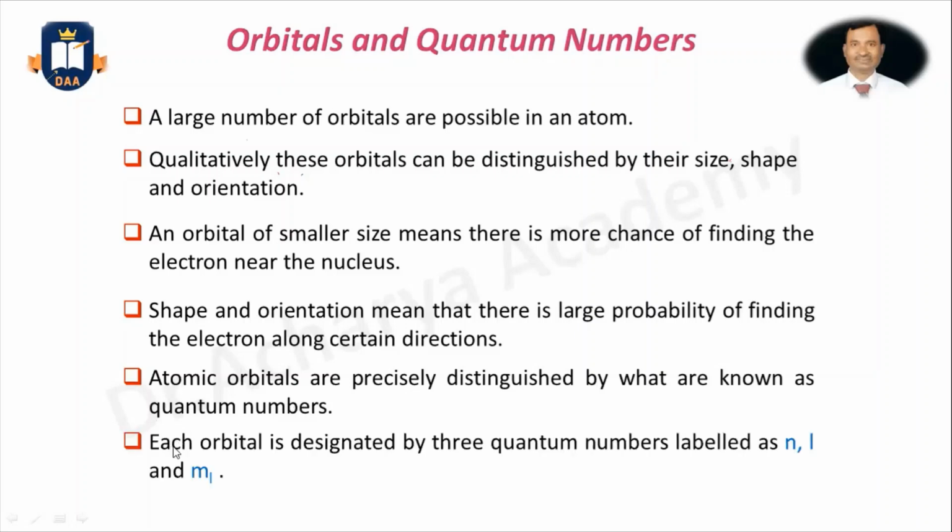So each orbital is designated by 3 quantum numbers labeled as n, I already told n is the principal quantum number, l the azimuthal quantum number, and ml, the magnetic quantum number. Especially now we will focus only on n and l.